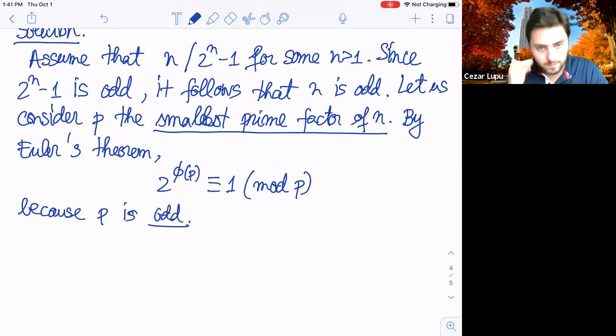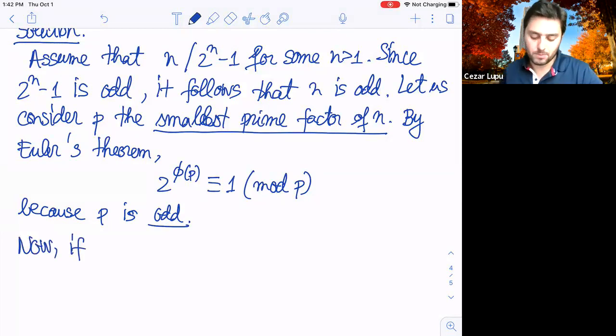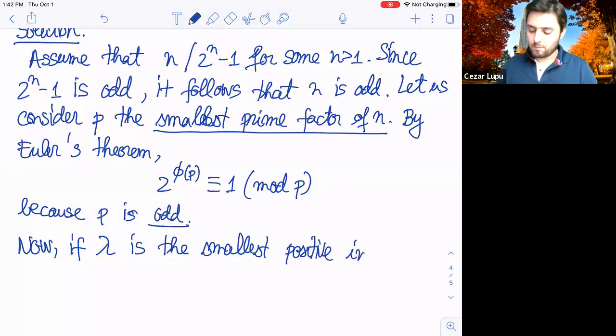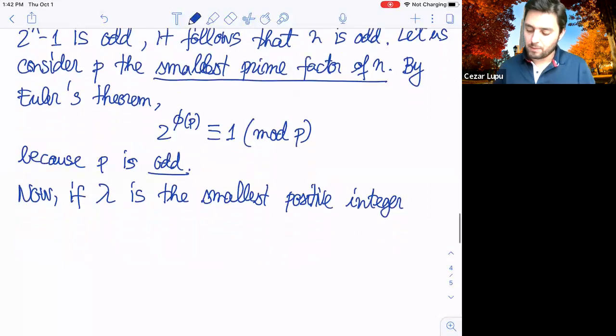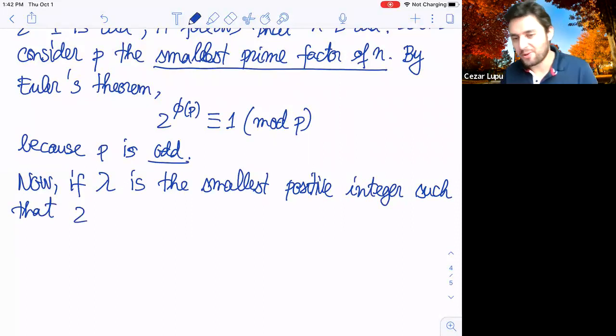This is important, right? So since p is odd, we have this. Now, let's say lambda is the smallest positive integer such that 2 to the, well, this is what I'm defining the order of an element.